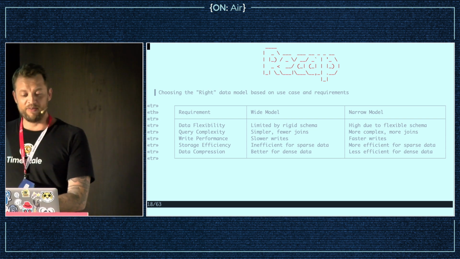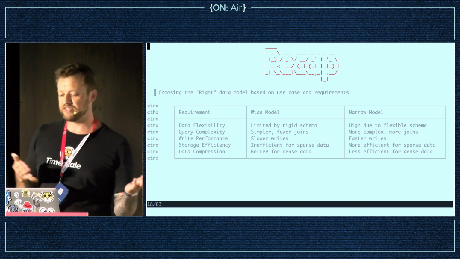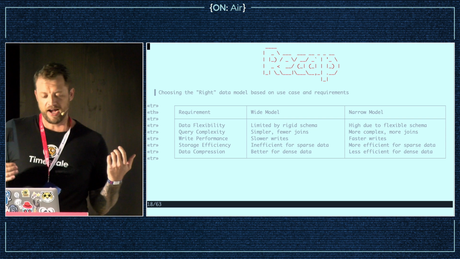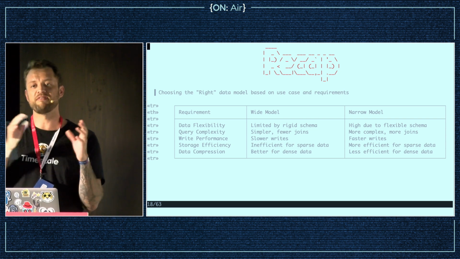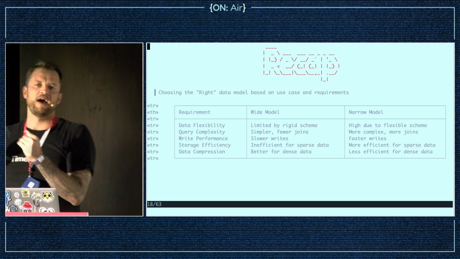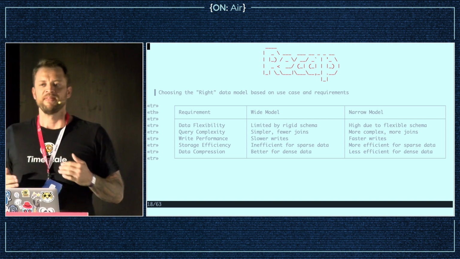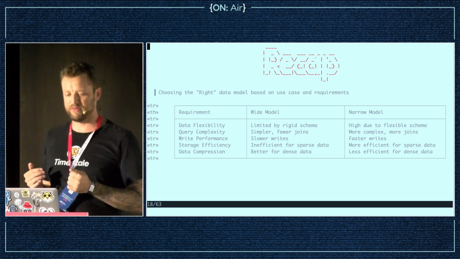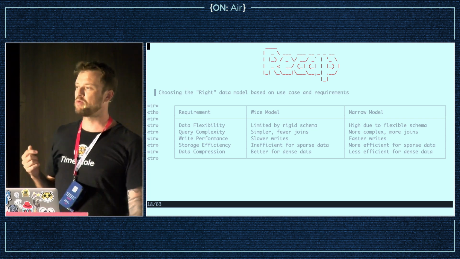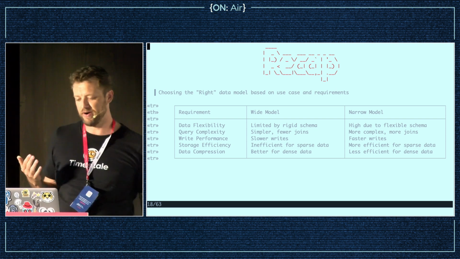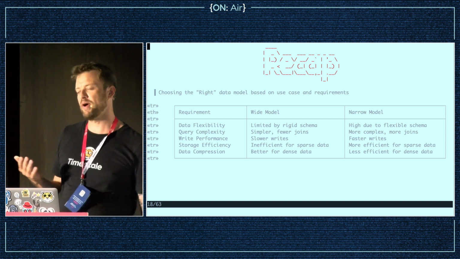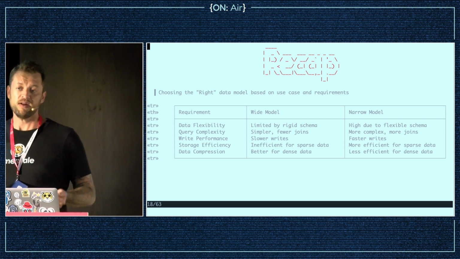If you are not filling the values with the same patterns and so on, then for the efficiency of the storage, you see that it's very inefficient using a wide model if you have sparse data. If you are not going to have the same patterns, maybe that's not the best model for you, right? And the compression will work quite well if you have very dense data on the wide model, and not that well for sparse data on the other side.